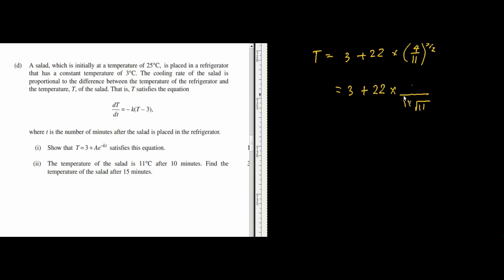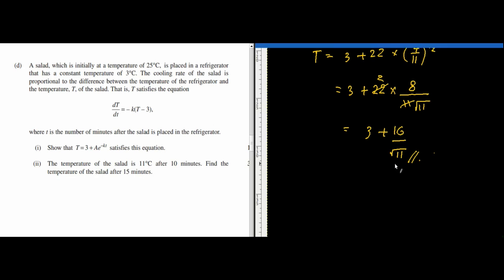The bottom will be 11 root 11, the top will be 4 root 4, which is 8. Now the 11 and the 22 cancel out to give me 2, and what I end up with is 3 plus 16 on root 11. So that's my answer. Either way, it should be fine. Even if you got a decimal, I think you'll get full marks.